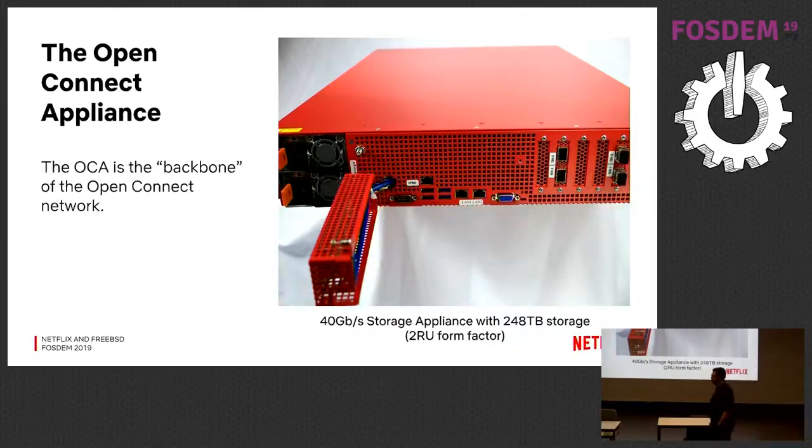We also have other varieties of caches. Our highest end production one at the moment delivers 100 gigabits per second attached, and it can deliver essentially full line rate in a 1RU form factor.